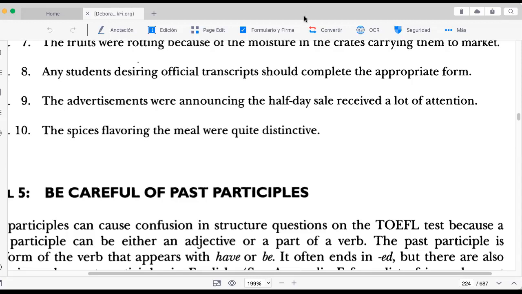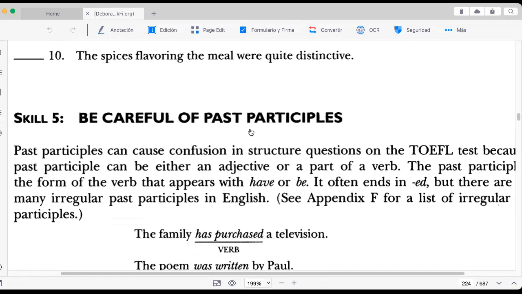We have the spices flavoring. Okay, this is an adjective, subject. And where is the verb? Right. Quite is an adverb. Okay. Where is the verb? Where? Okay. Very good. Any questions with this skill? No. Nope. Okay. Now we move on to skill number 5.